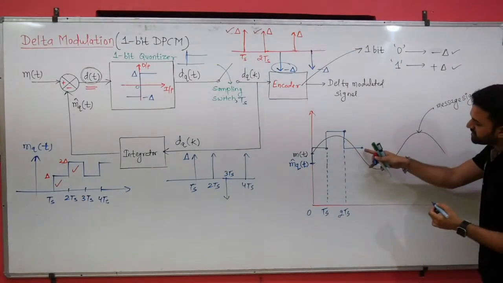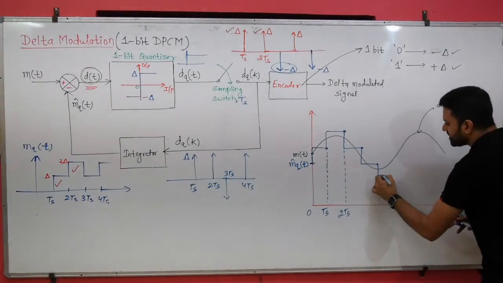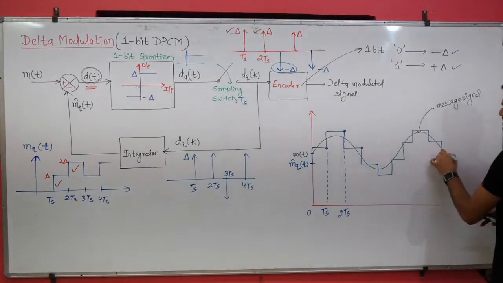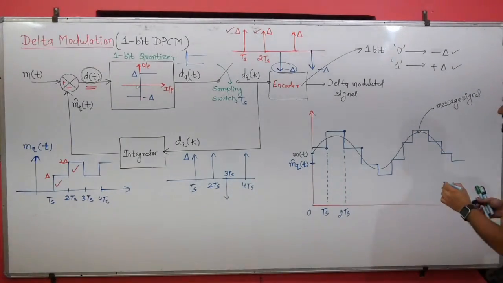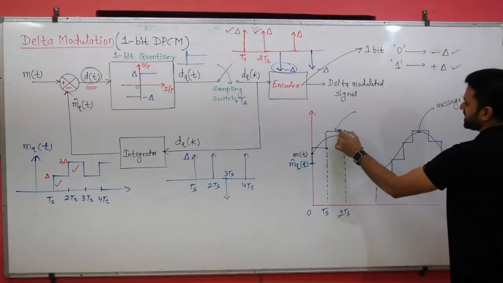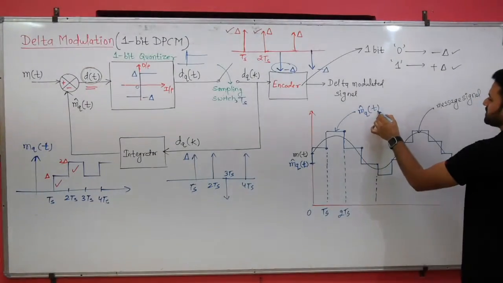Again when you compare, you will get the negative impulse, again negative, and positive, positive, positive, negative, positive, negative, and so on. So this is your quantized signal, predicted signal, or the integrator output MQT.